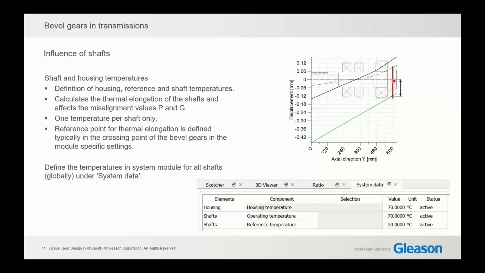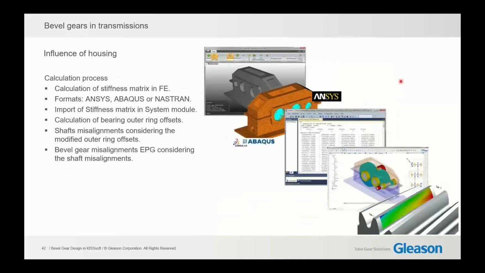That this also affects then the position of the pinion shaft in lengthwise. The effect of housing is considered in KISSsoft with a stiffness matrix. We can see the process starting from design through the FEM, then a stiffness file is created, imported in KISSsoft, and then the contact is calculated considering the deformation of housing.